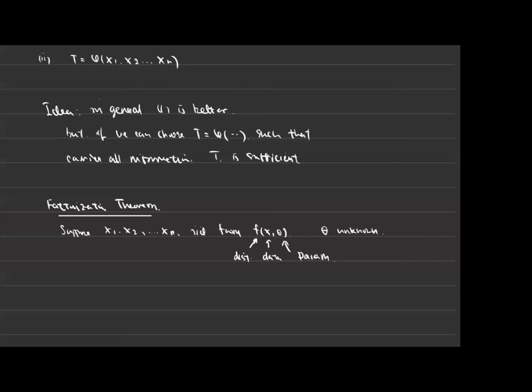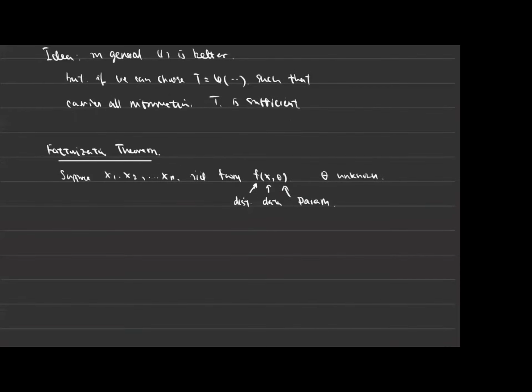Now here's the theorem. The theorem says that this function t, and we're going to be consistent with the textbook notation, a function which we'll call r(x1, x2, all the way to xn), is a sufficient statistic if and only if the following condition holds.